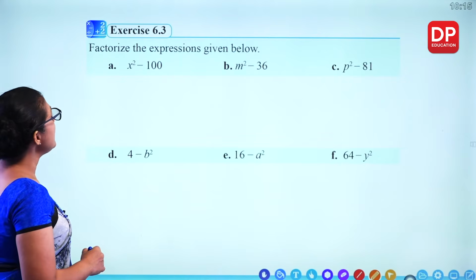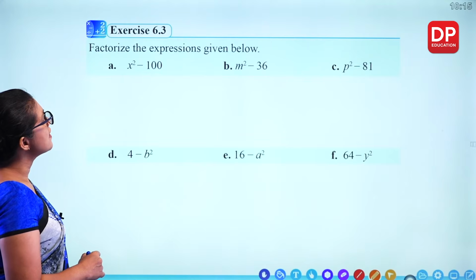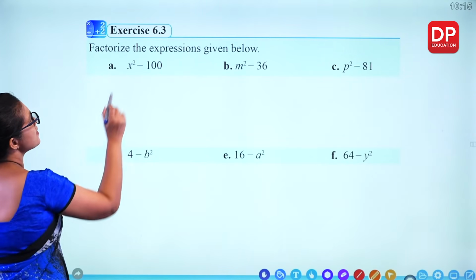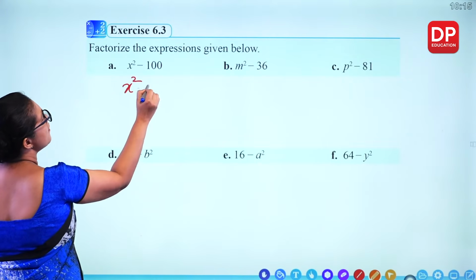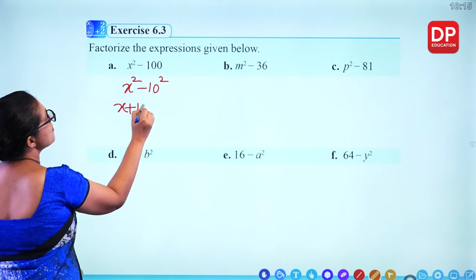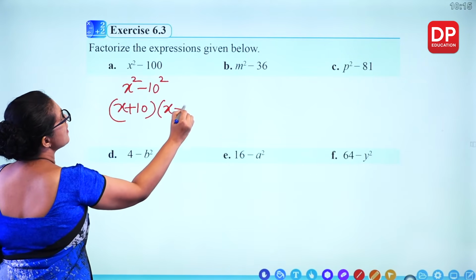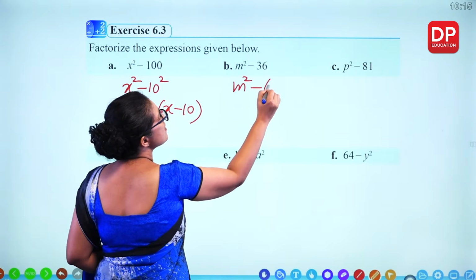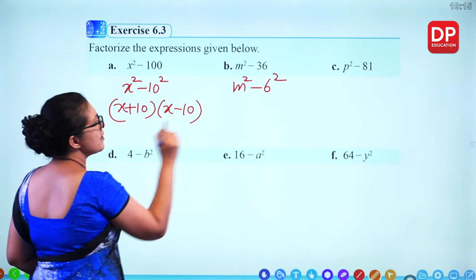Exercise 6.3. Factorize the expressions given below. So all these are differences between two square terms. 100 is 10 squared. So you can write one positive and the other one negative. Again, this one write as a square term, that's 6 squared.